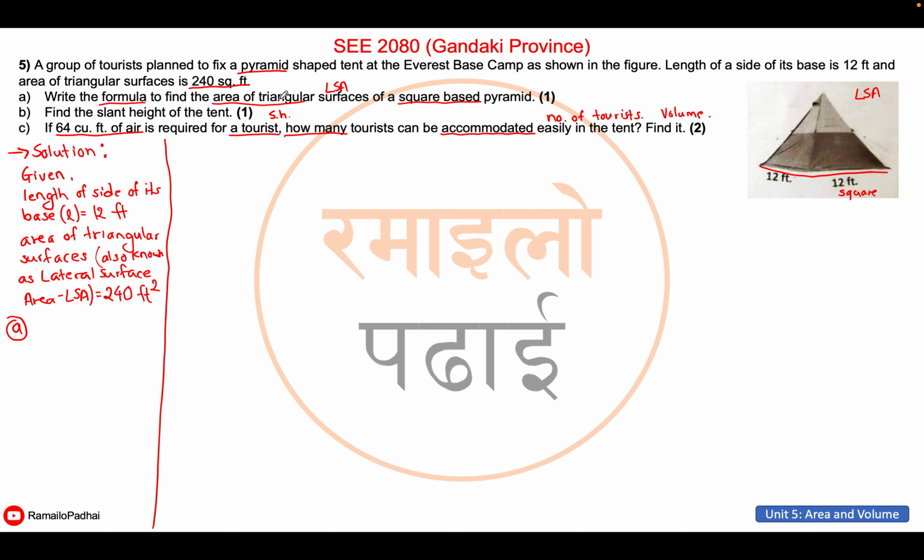In A, write the formula to find the area of triangular surfaces of a square based pyramid.